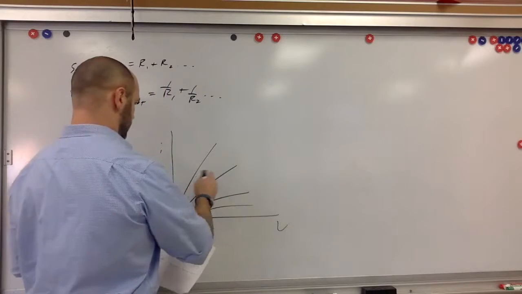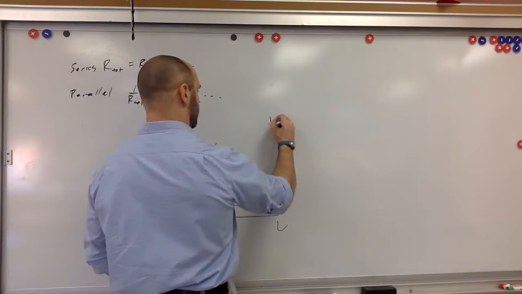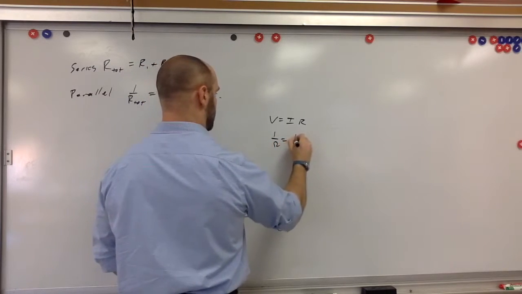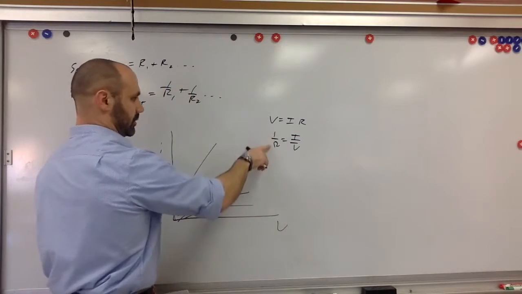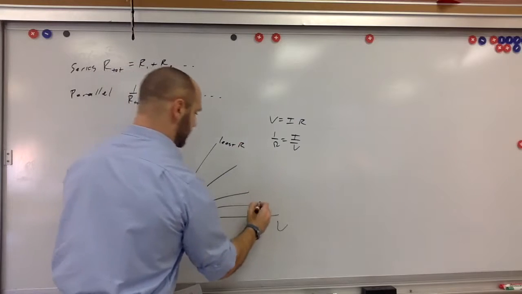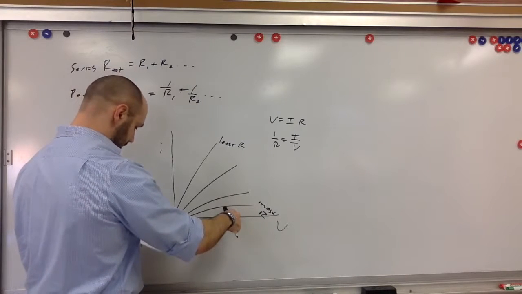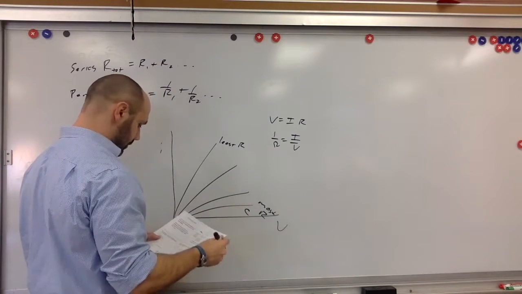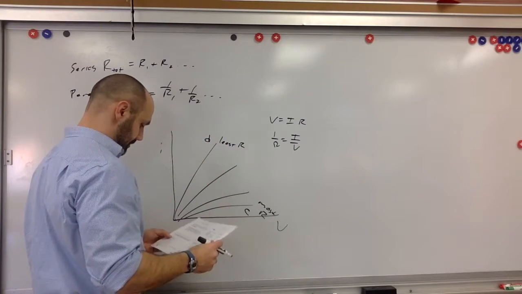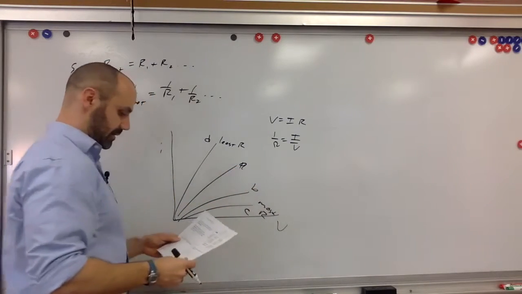So I versus V, we've got to realize that V equals IR, so 1 over R is I over V. Slope here is rise over run, so we're looking at 1 over R. That means this is actually the least resistance, and this one is the most. So the most resistance is when you have these in series, which is going to be letter C. And when you have them in parallel, that's D. And then R1 is less, so this is going to be A, and that one's going to be B.